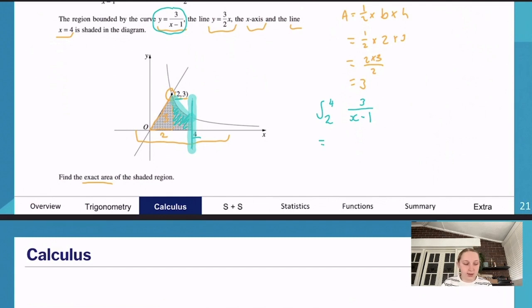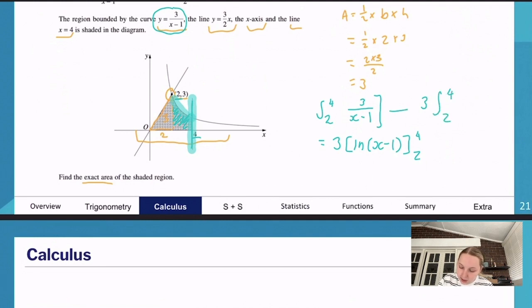And then what we want to do is just integrate that using the formula sheet when we've got, what do you call it? A fraction like this. So then we're going to be thinking about, we're going to get 3 ln x minus 1 between 4 and 2, because what we want to do is then take this out.